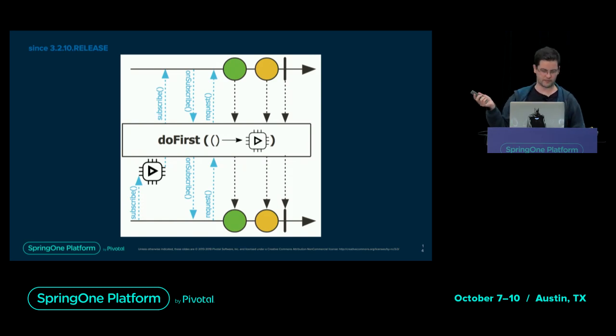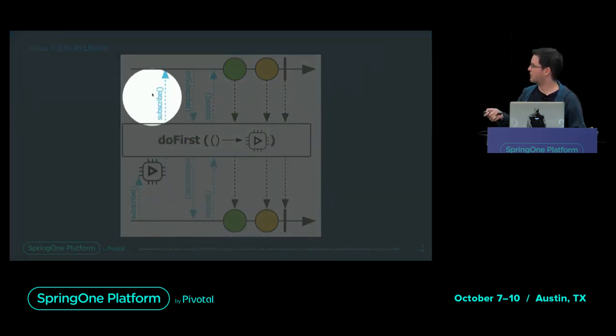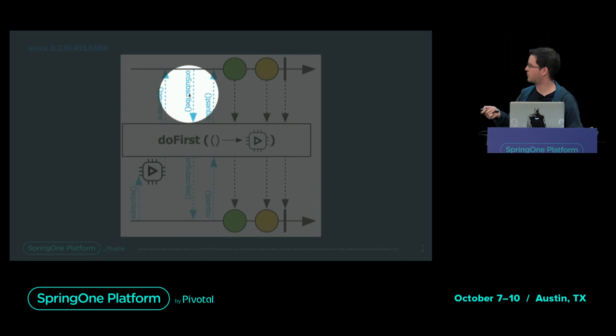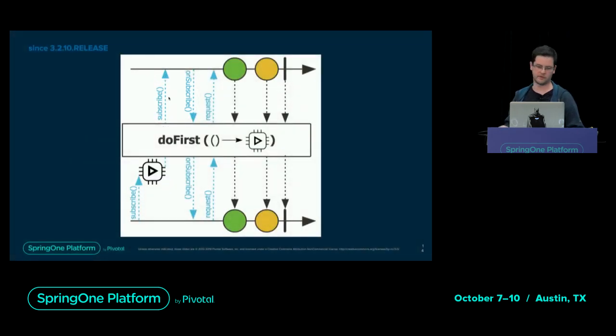So this is the difference with do on subscribe: do first happens here before the subscribe signal, whereas do on subscribe would happen here. So you have a subtle difference, but it can get things out of order. That's since the 3.2.10 release that you have this operator.